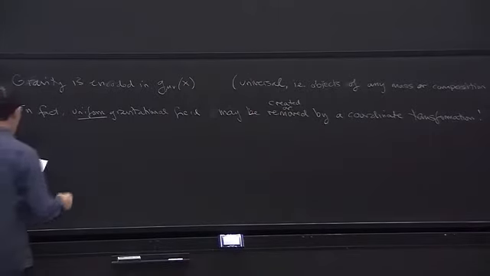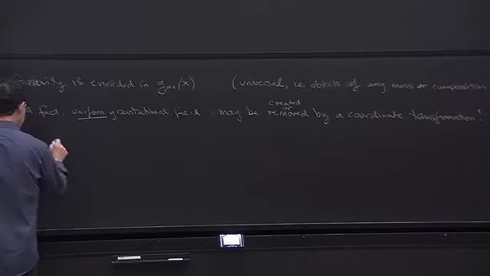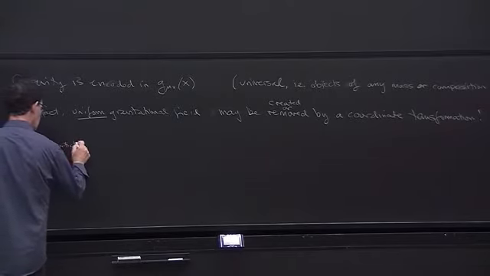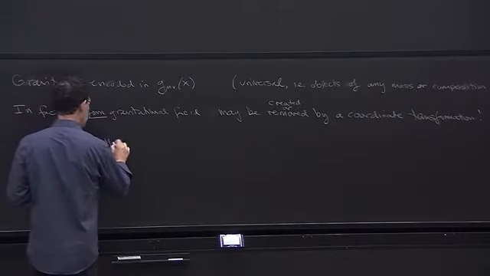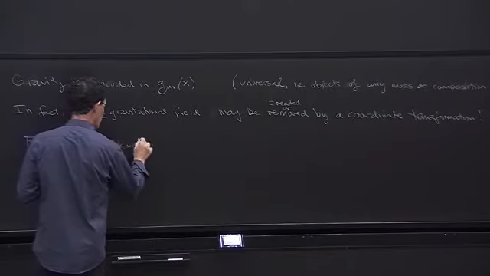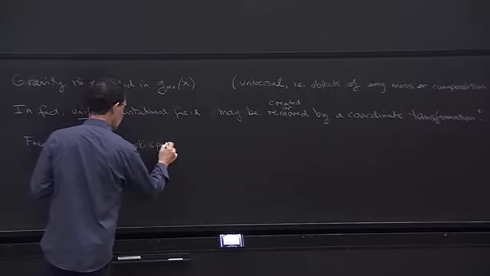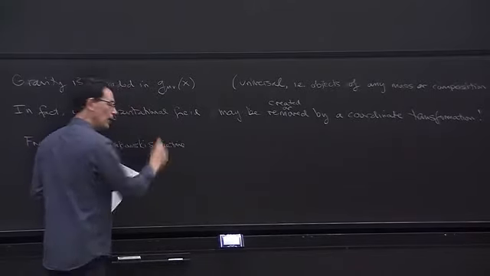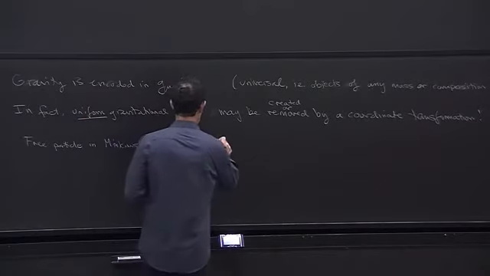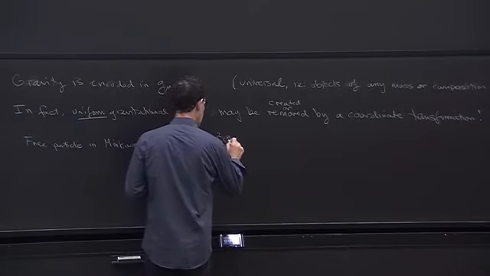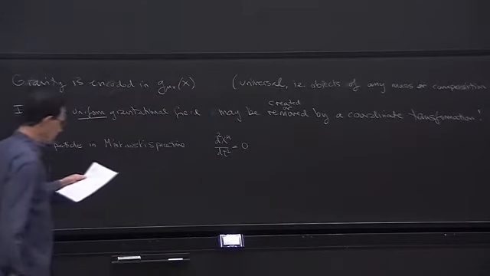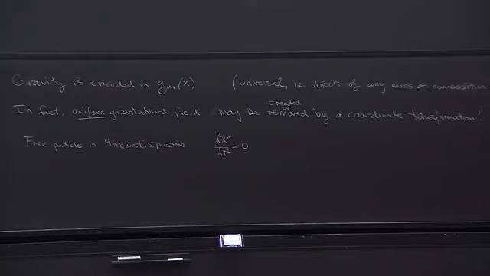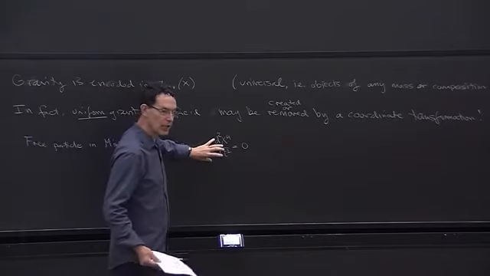It's kind of cute. Let's take a free particle in Minkowski spacetime. Okay, so what does a free particle obey? Well, the equation of motion is just trivial. That's the motion of a free particle in Minkowski spacetime, and this is just telling you that it follows a straight line.